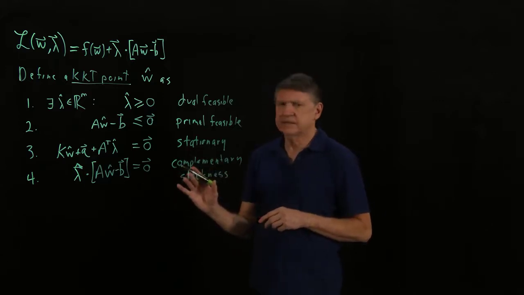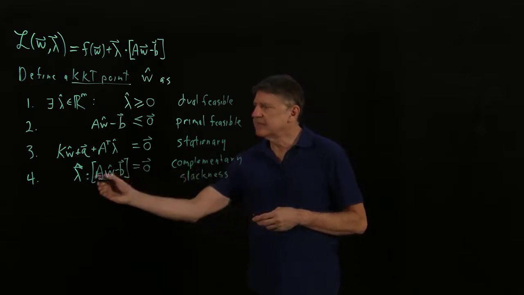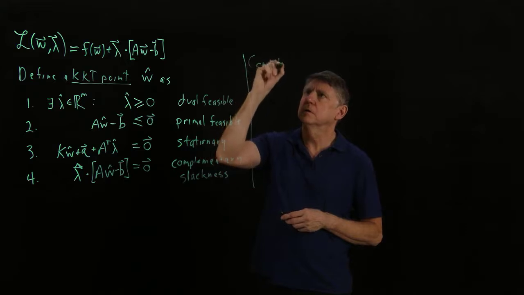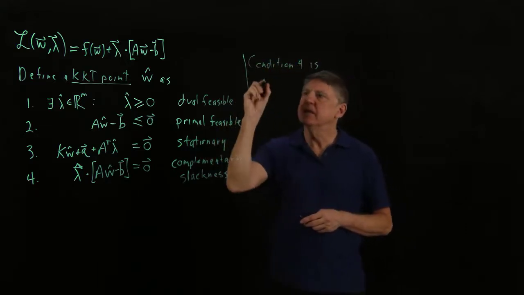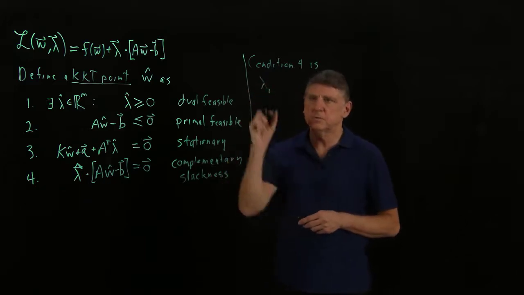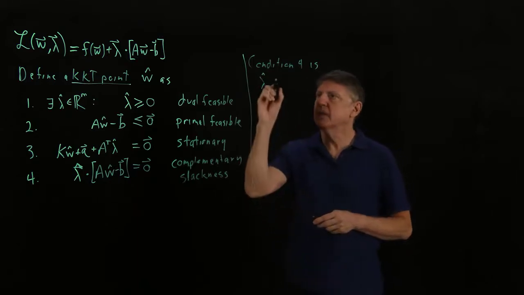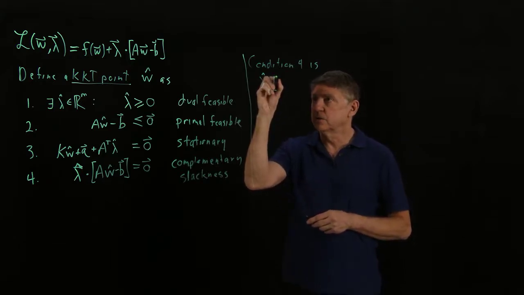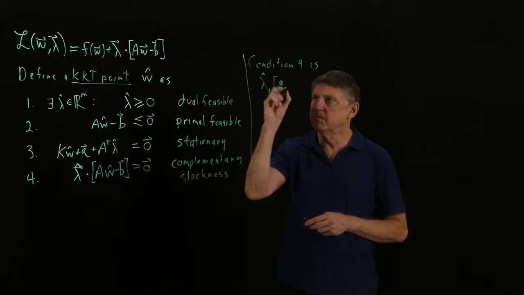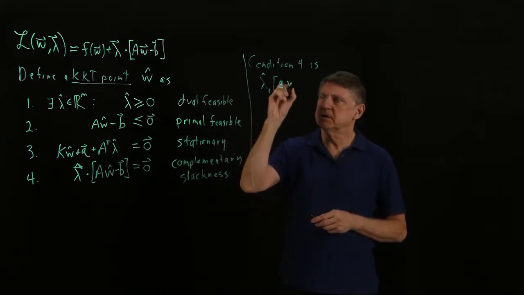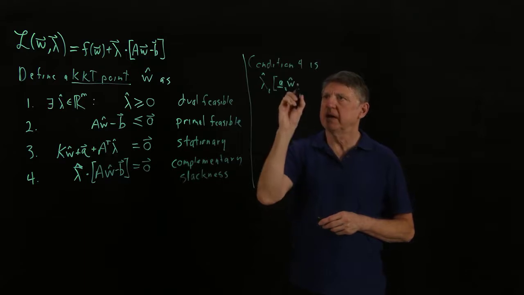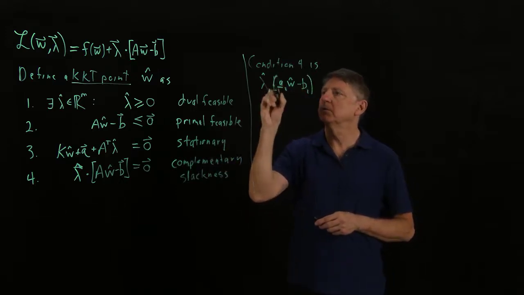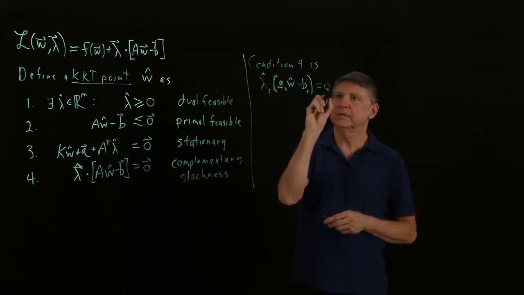For now, let's unpack what complementary slackness means. Condition 4 says that if I take the ith Lagrange multiplier for this problem and multiply it by a scalar value, that is, the ith row of this matrix times the KKT point minus the ith entry of the constraint vector, put in parentheses, that has to be equal to 0.